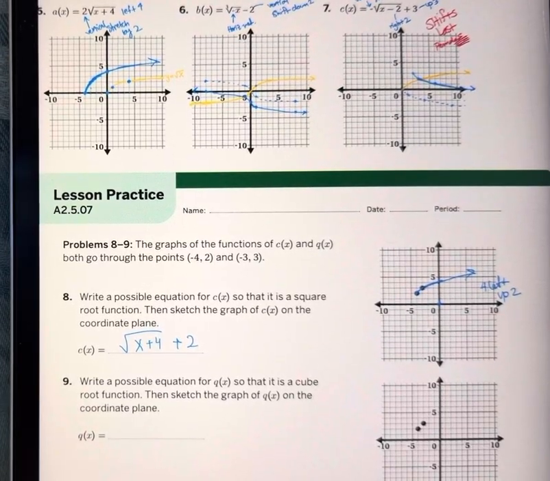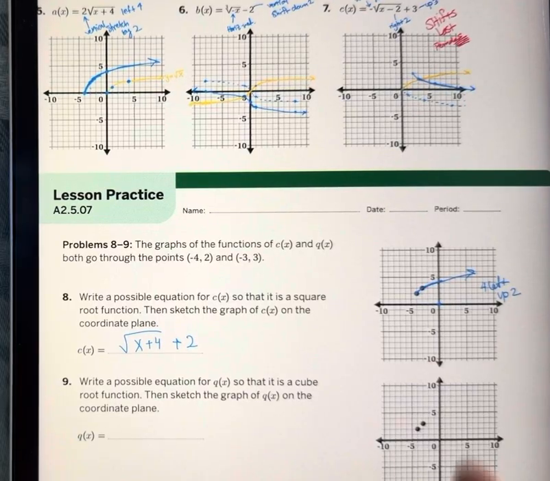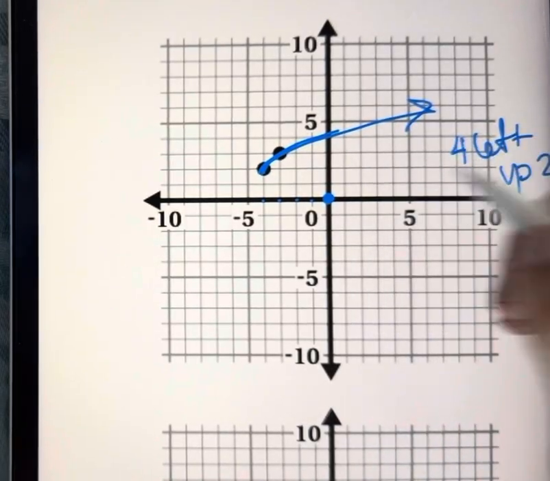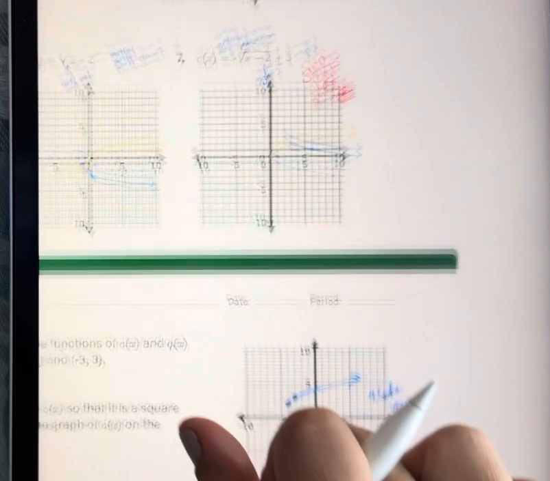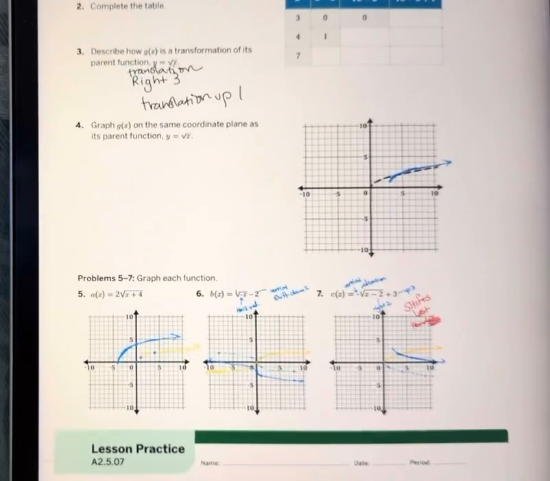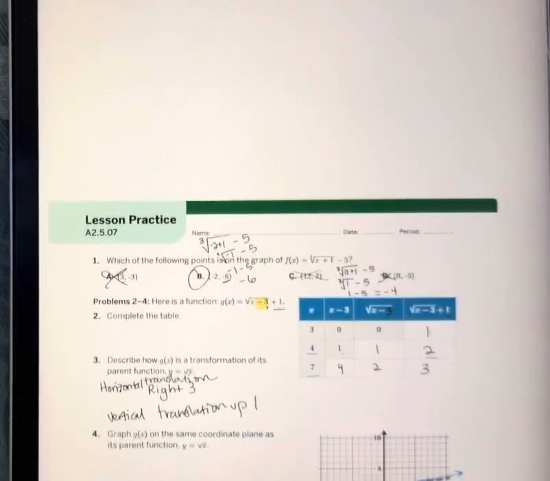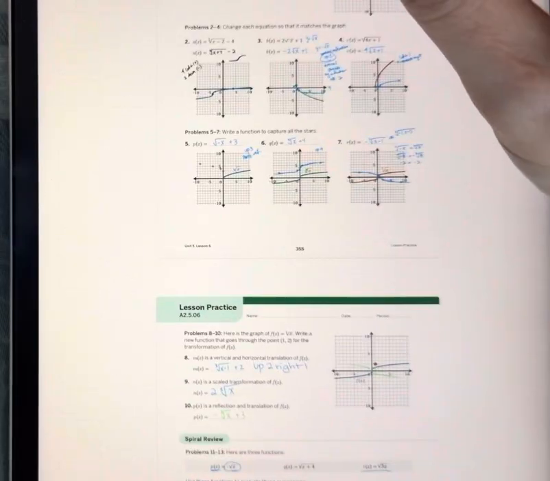Okay, and now they want it to be a cube root function, and you know what, you guys? The cube root function does exactly what a square root function does in the very, very beginning. Do you guys believe me? Let me real quick flip it back to the old one.